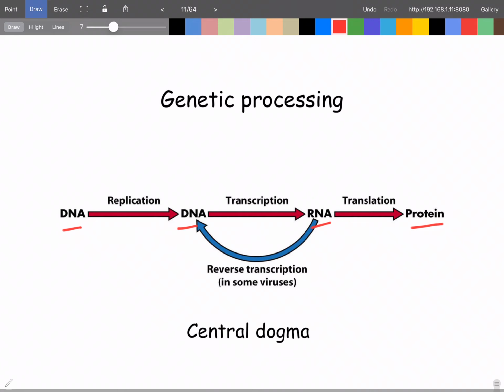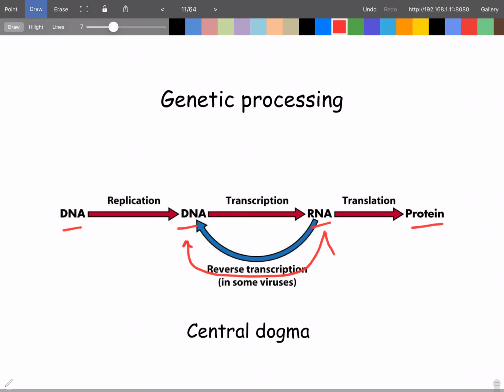We do have other processes as well, though, that were discovered later. We have learned since that time that RNA can be converted into DNA in a process that we call reverse transcription that occurs in some viruses.